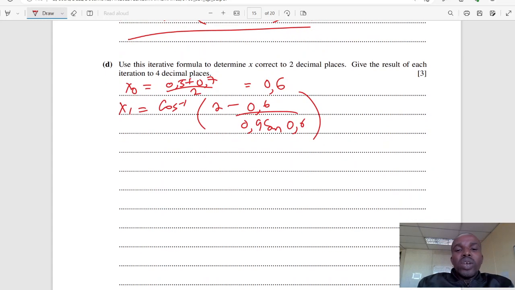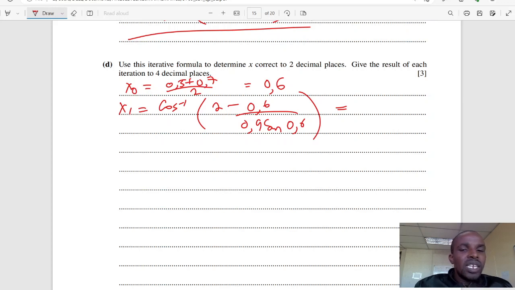So this will be your x1. If you punch it in your calculator, what will you get? It will be arc cos of, make sure your calculator is in radian mode. So 2 minus 0.6, divided by 0.9 sin 0.6.